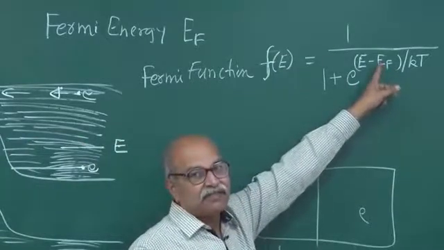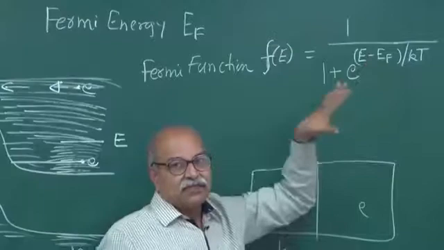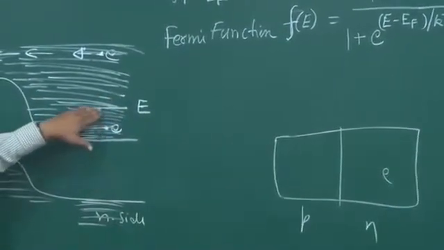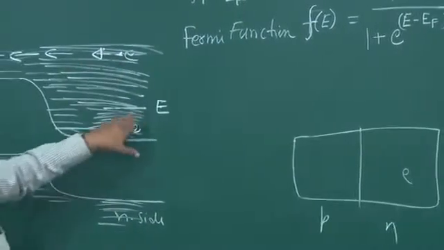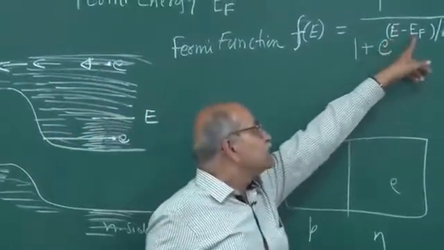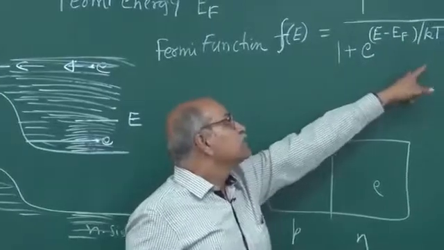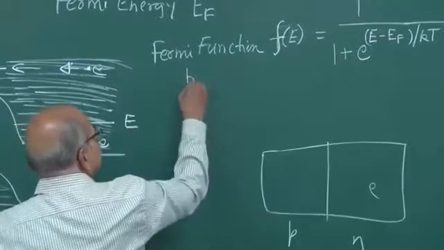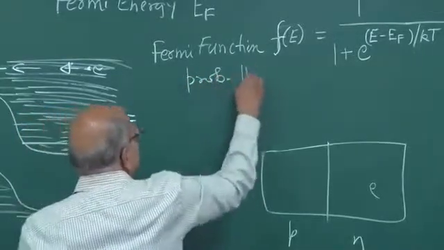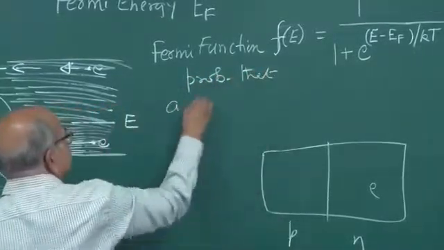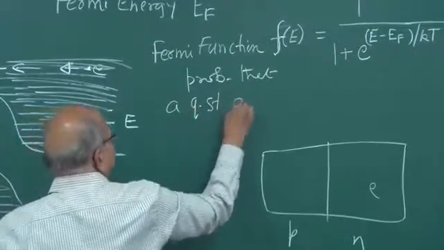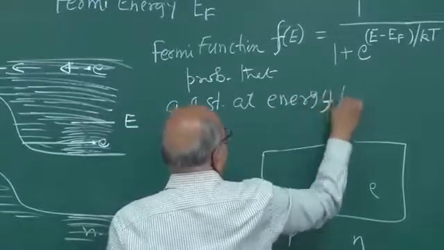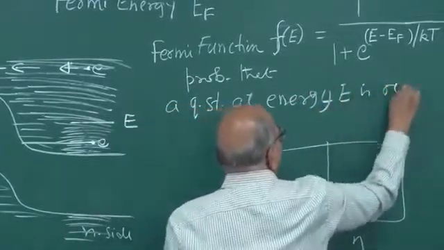This EF, Fermi energy, is the parameter which you have to keep the same for this quantum state, this energy, this energy. So as a function of energy with a fixed EF and at a fixed temperature, you can calculate the probability. So this Fermi function gives you the probability that a quantum state at energy E is occupied.